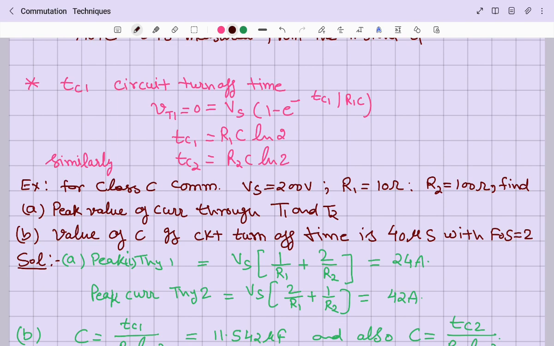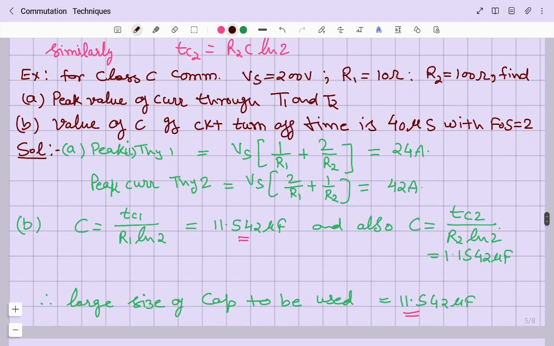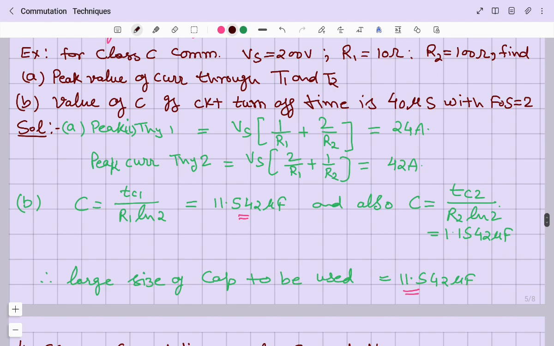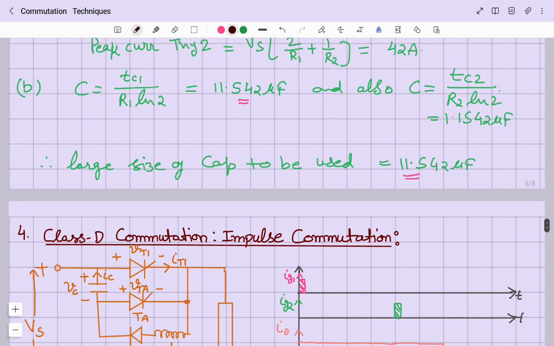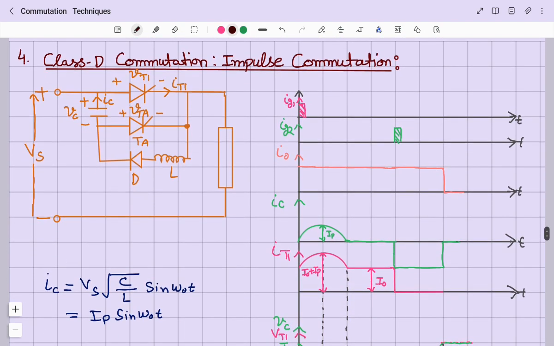Second, find the value of C if the circuit turn off time is 40 microsecond with a factor of safety of 2. So you have to figure that out. Clear?